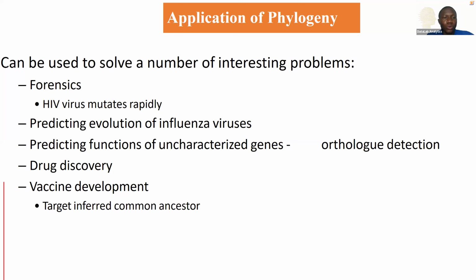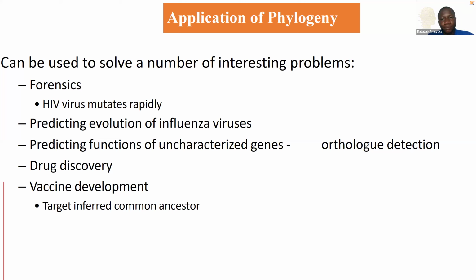And with the help of phylogeny, we can also predict functional relationships, especially for uncharacterized genes. Maybe some genes in human are not known, and we have genes that are known in, let's say, chimpanzee, monkey, and some other apes.